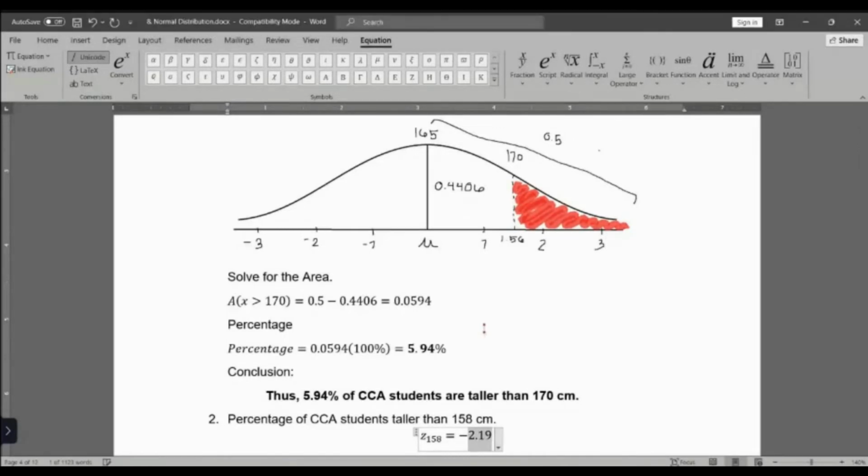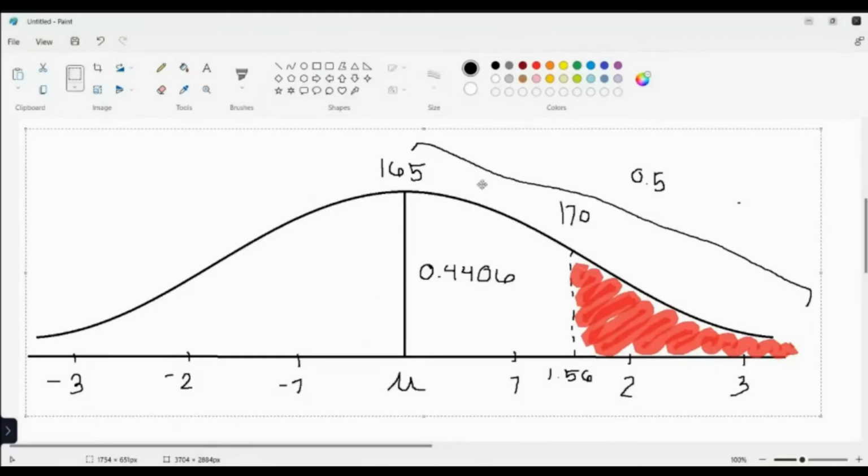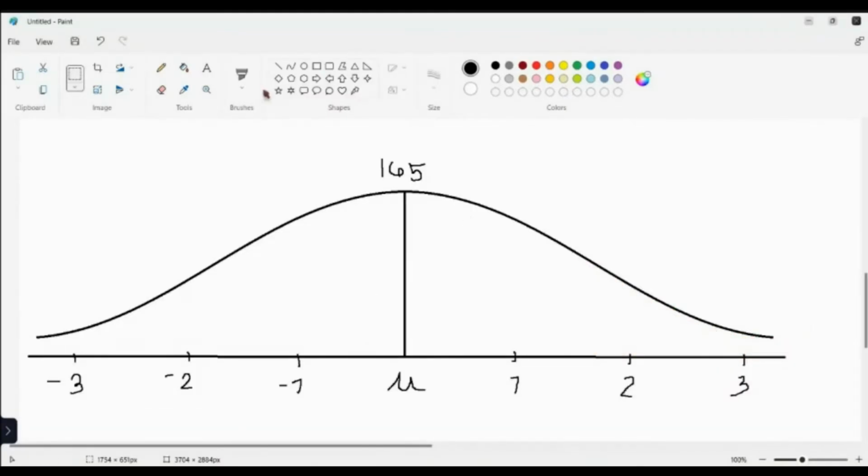Okay, since this is negative, we already know that this is below the mean. Okay, below the mean. Next illustration. Negative 2.19, no? So somewhere past or lower than negative 2. Pero close siya sa negative 2. So let's try to approximate here. Okay, somewhere here.